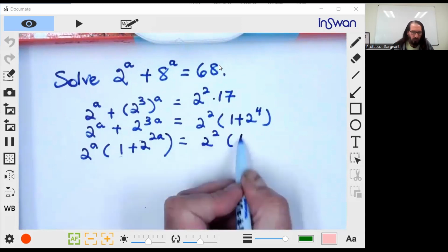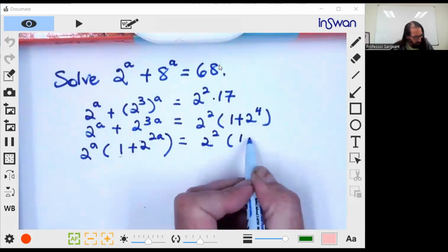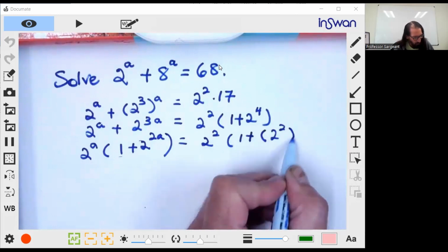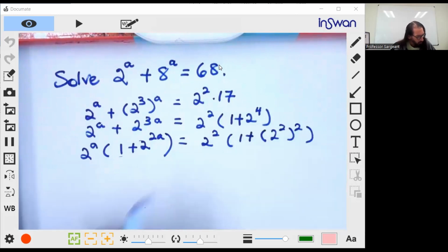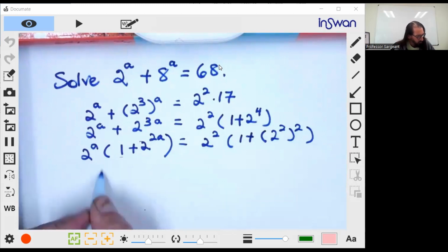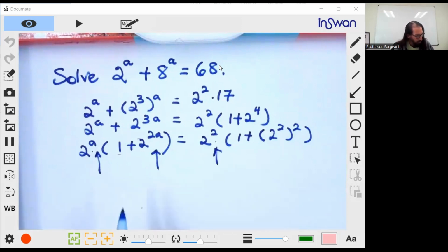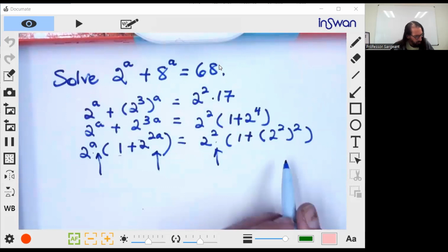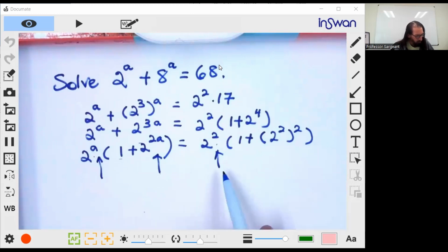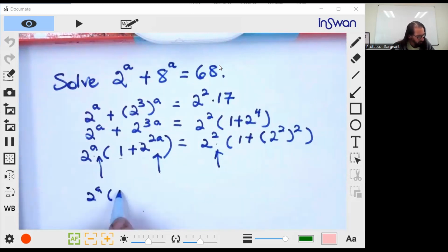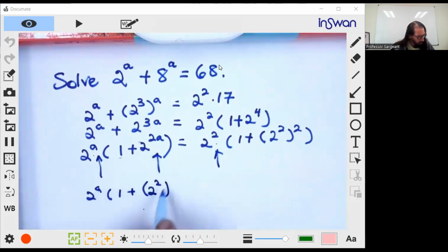And further, I'm going to rewrite 2 to the 4th as 2 squared squared. So, the two places where we see a here, we have a matching up with the 2 here, and then let's write this as that 2 to the 2a, I could write as 2 squared to the a.